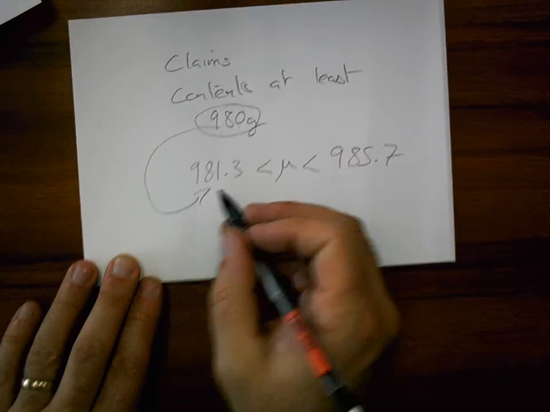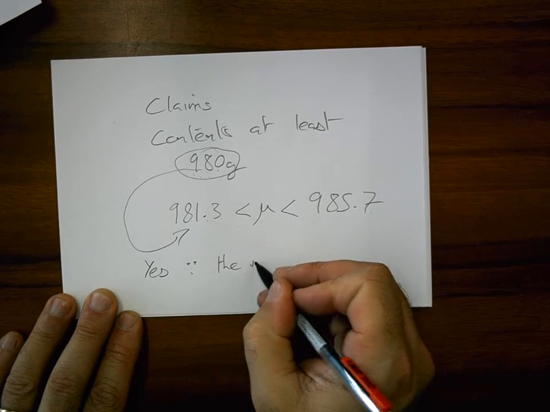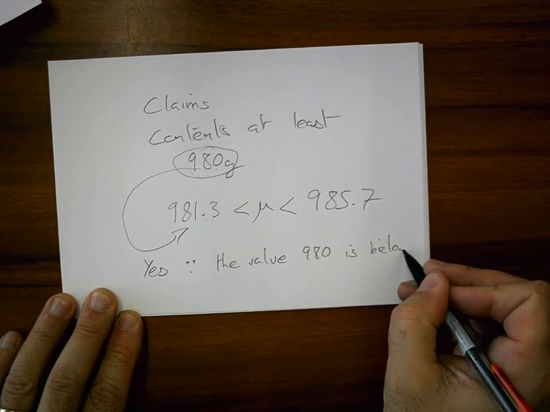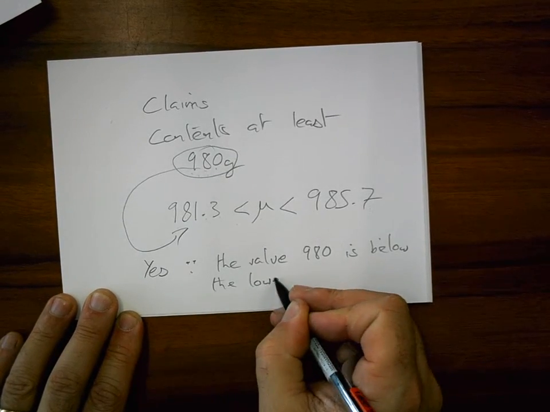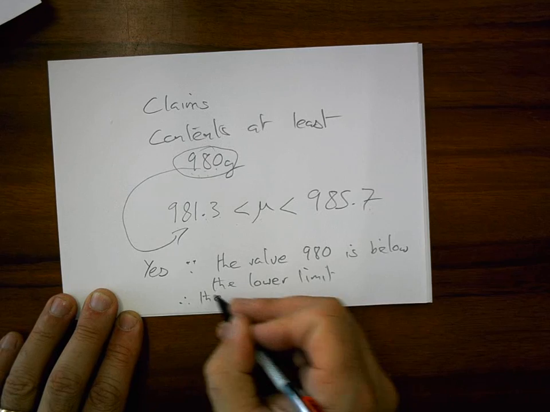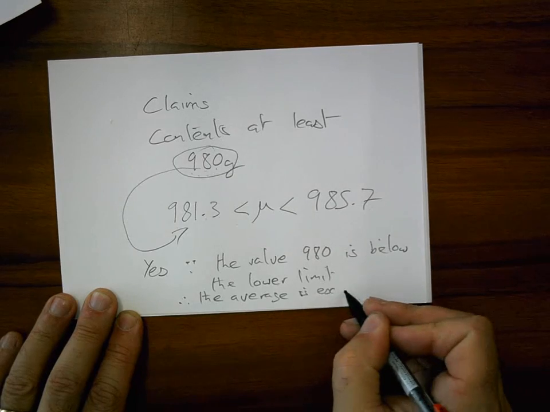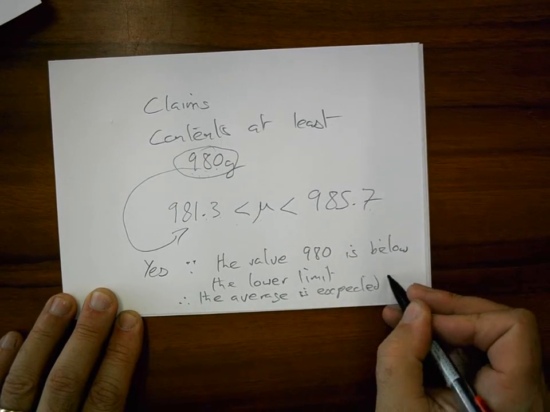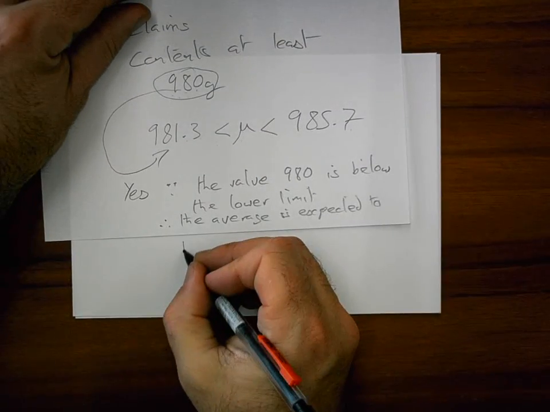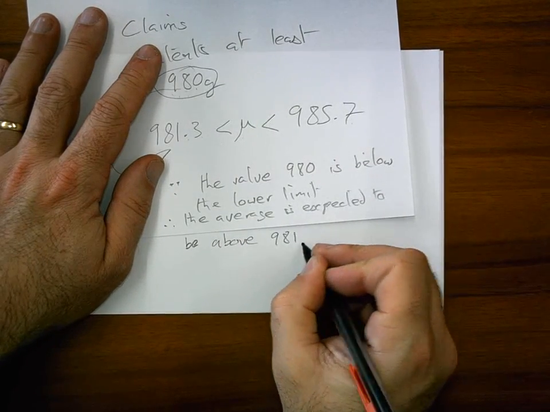And what we would write is: is the claim justified? Yes, because the value 980 is below the lower limit, therefore the average is expected to be, I've done my classic paper, to be above 981.